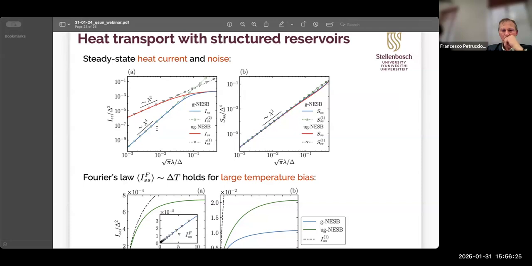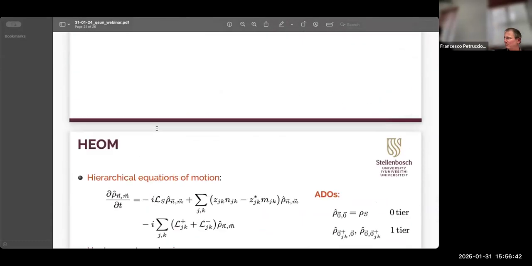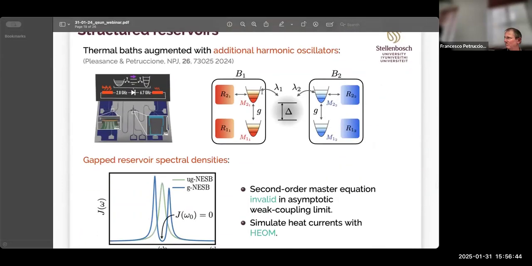Let me say this: the reason you get this quartic scaling in our model is because you assume that this energy gap in the system, this delta parameter, matches the oscillator frequency of these oscillators in each of the reservoirs.